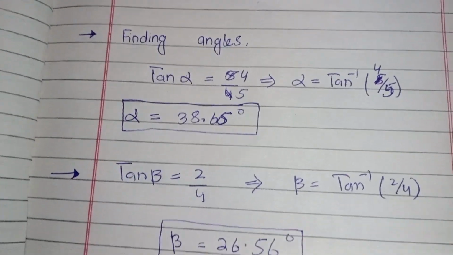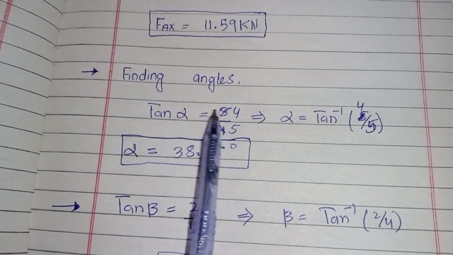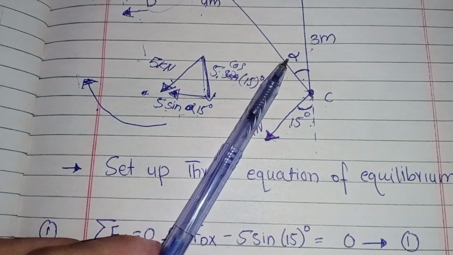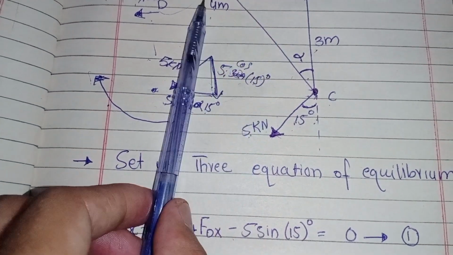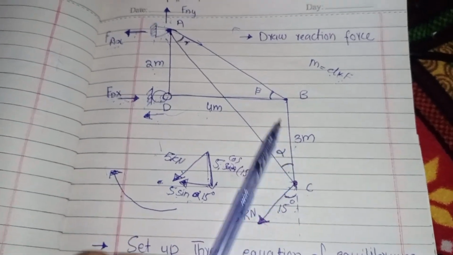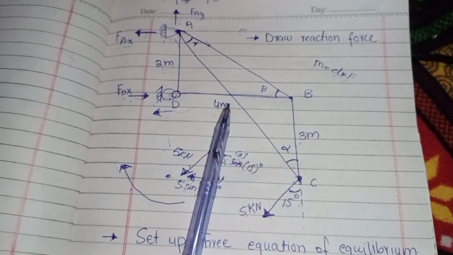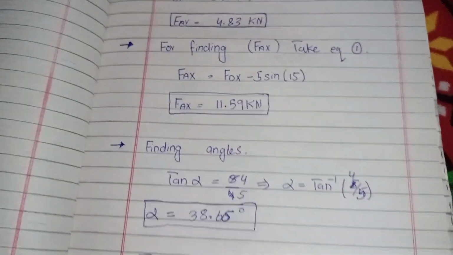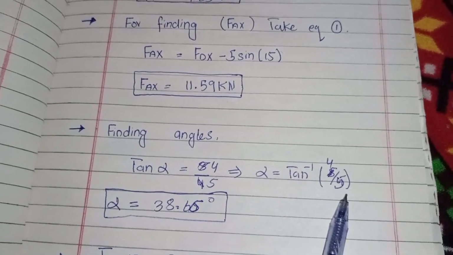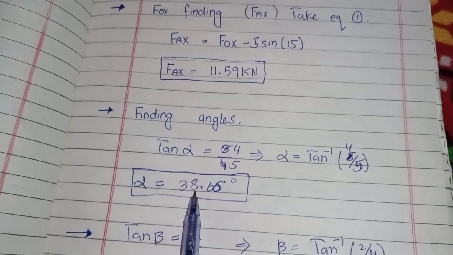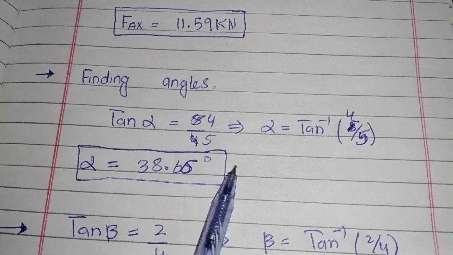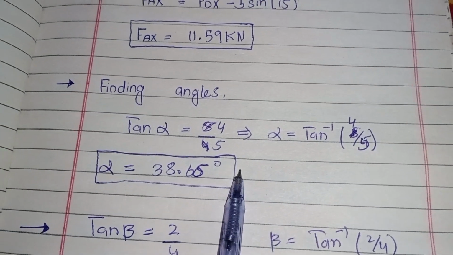Tangent alpha equals 4 divided by 5, the opposite side over the adjacent side. 3 plus 2 is from here to here, it is 5. So alpha equals tangent inverse of 4 divided by 5, which is 38.65 degree. So alpha is found.